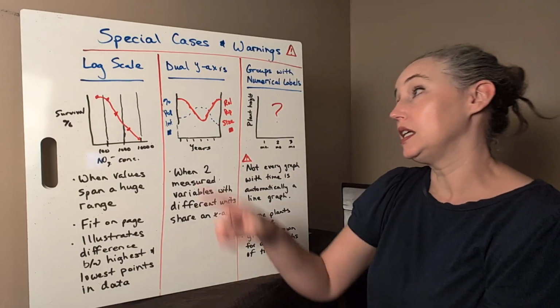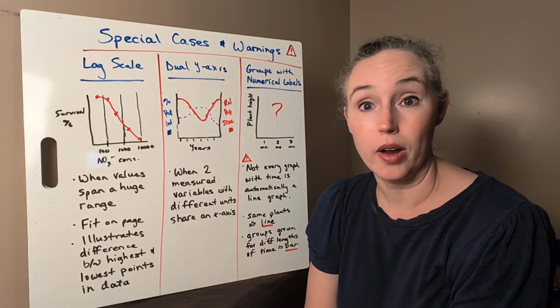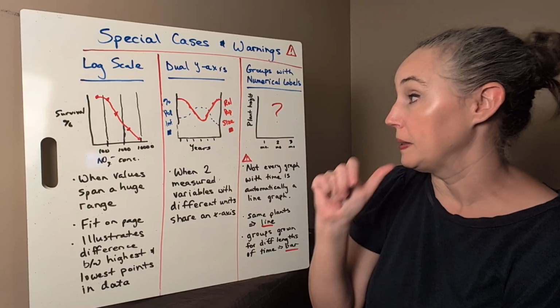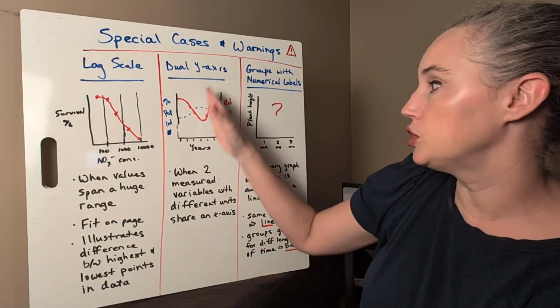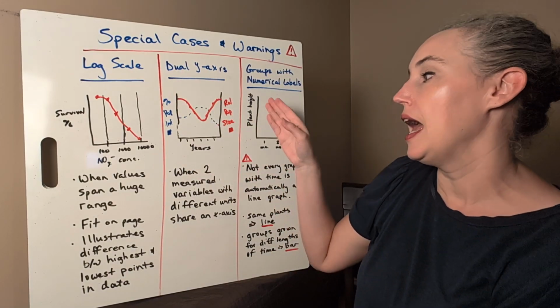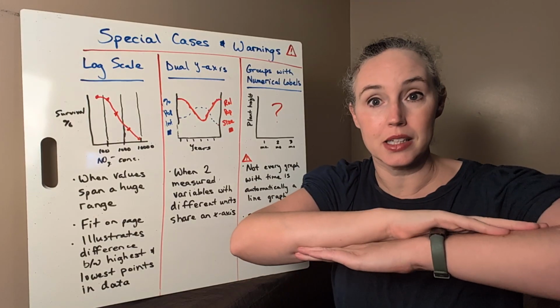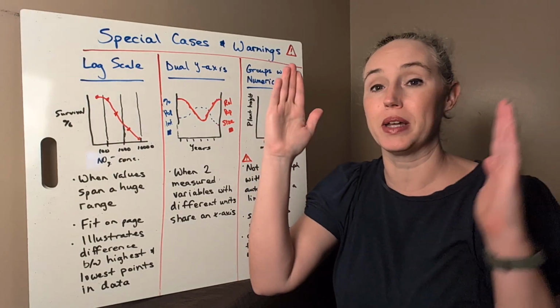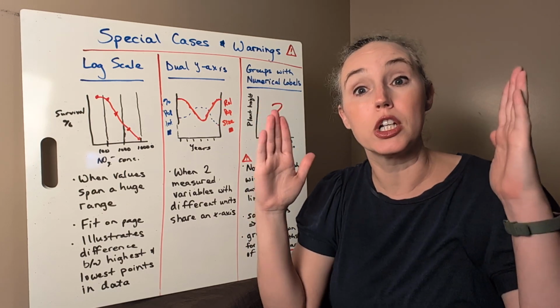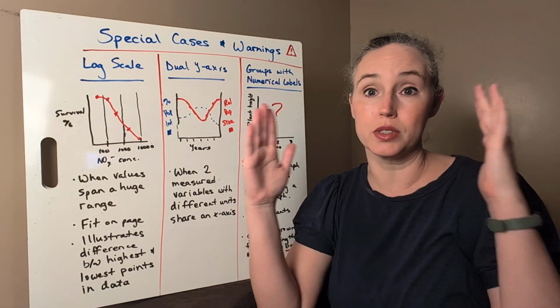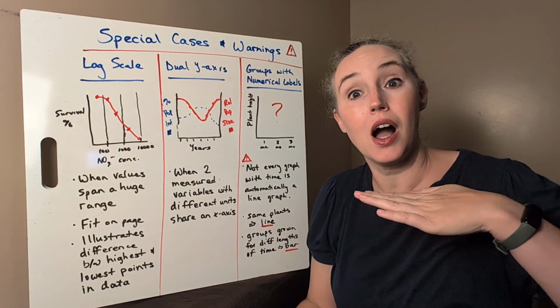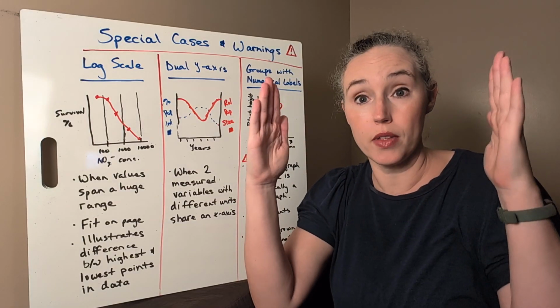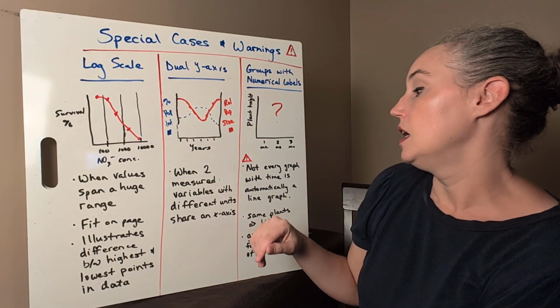You may also see a dual y-axis graph. These are kind of fun. In this case, you have two y-axes, and what they have in common is their x-axis. So they share the same x-axis, but if your y's are different variables with different units, but they have a common x-axis, you can actually draw them on the same graph.